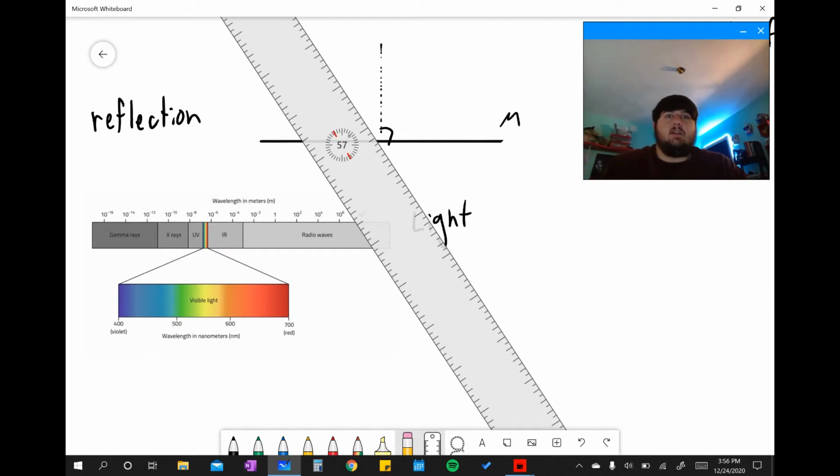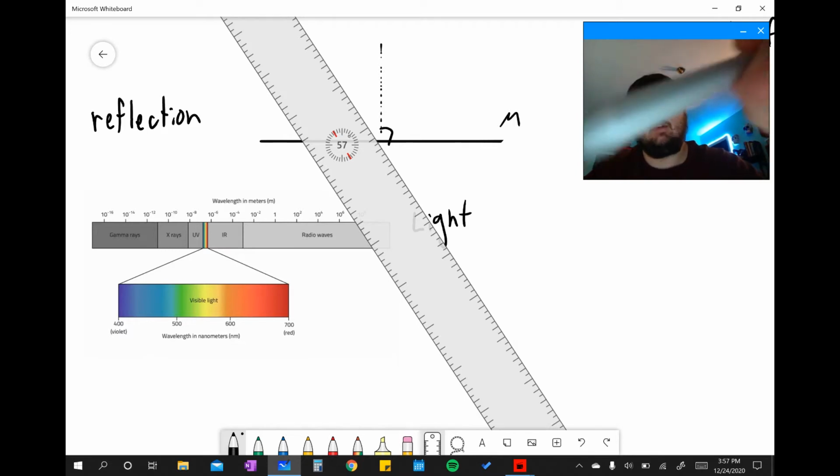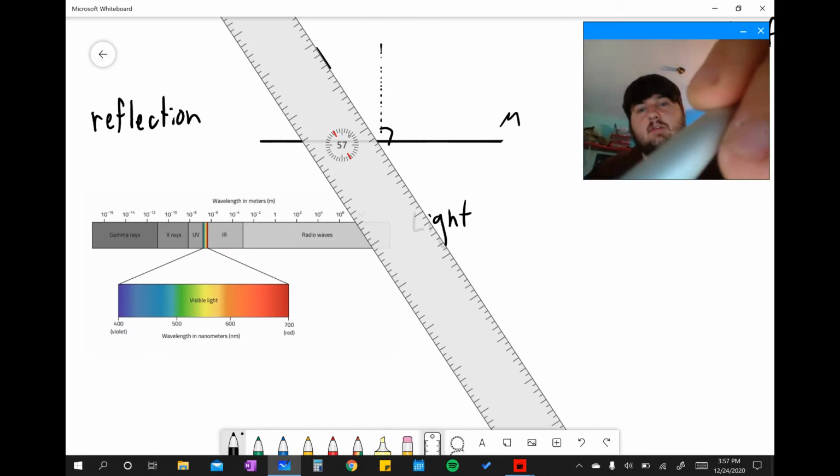We'll say the incident ray of light, or the oncoming ray of light that is before it hits the object, and then the reflected or refracted light, which is after it has had the effect of whatever it shined on.